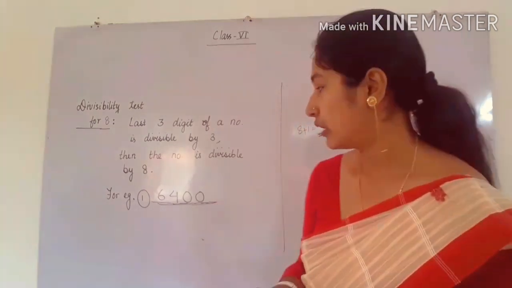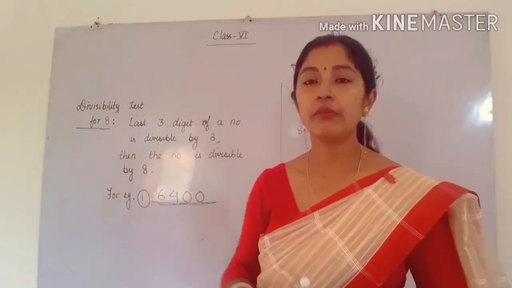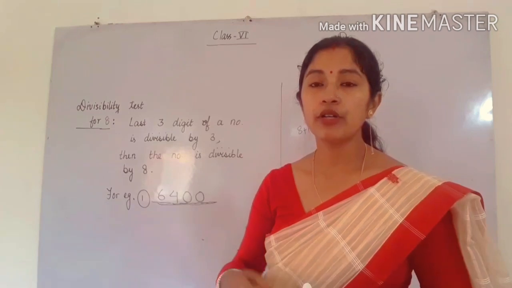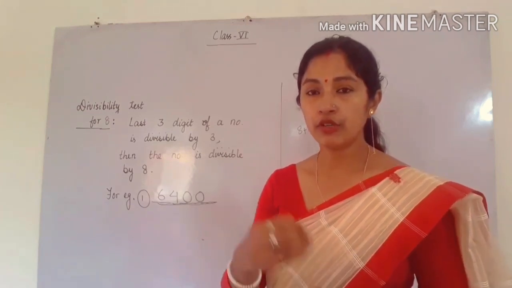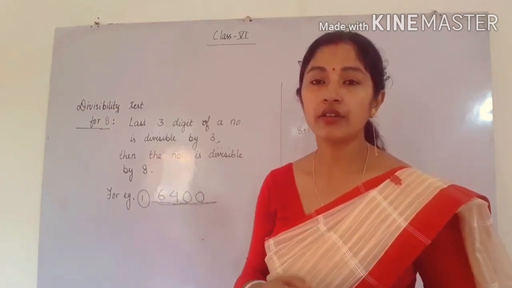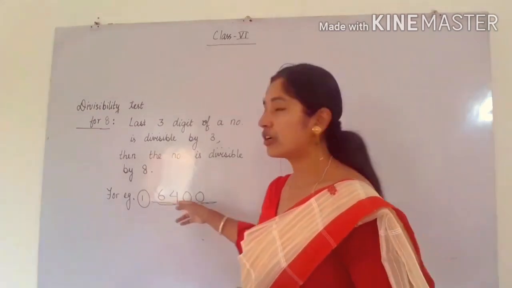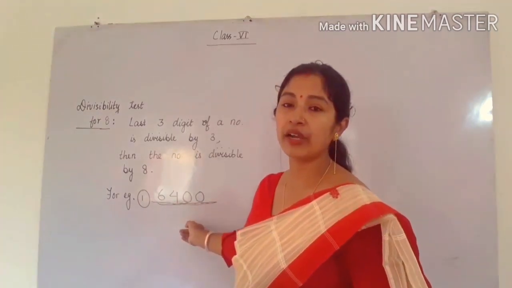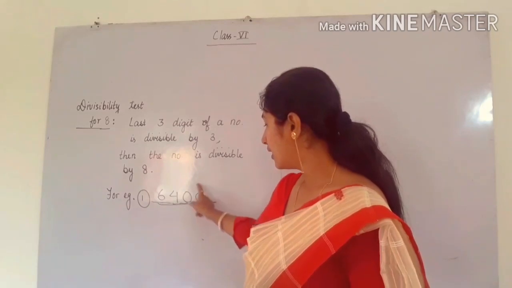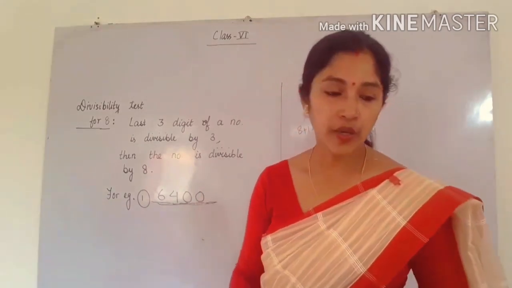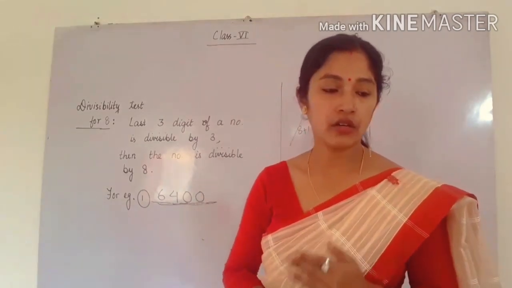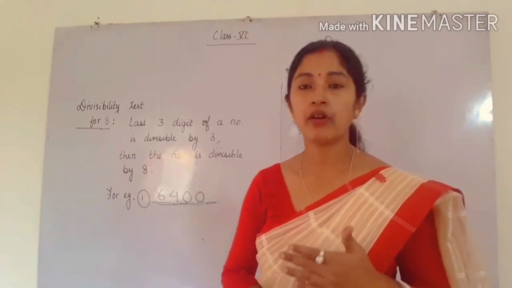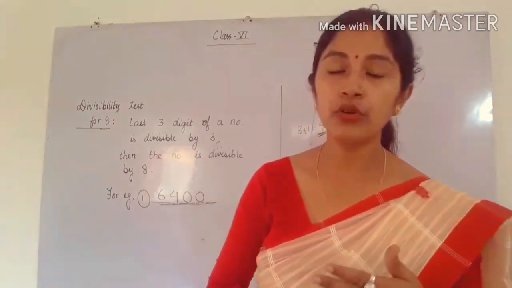All the numbers you get have 0 in the ones place. See, for example, 6400. This is also divisible by 10 because in the unit place it has 0. Okay. So this much is the divisibility tests up to 10.